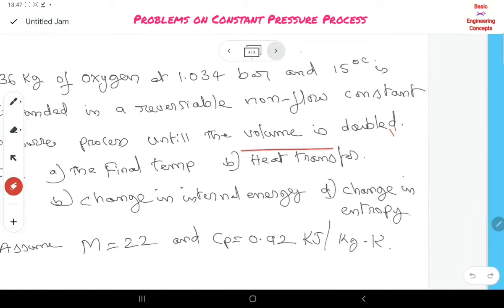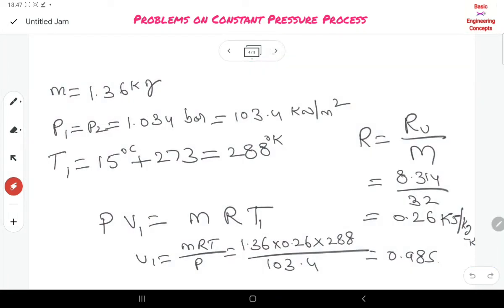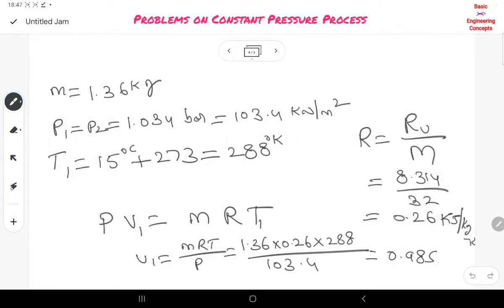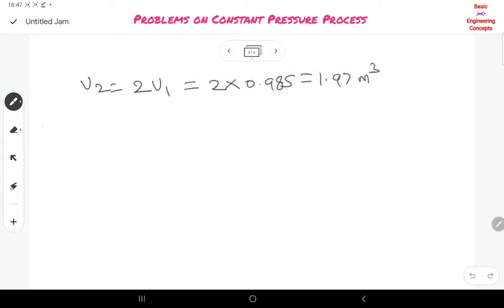So the volume is doubled. That's why you can take V2 is equal to 2V1, that is 2 into 0.985, that is 1.97 meter cube. So now everything is ready. The first one asks to find the final temperature.